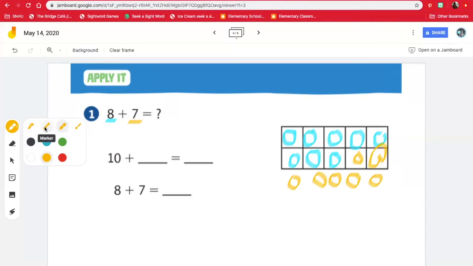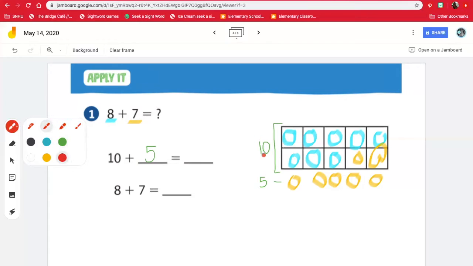Now we need to break it down. We have 10 in the 10 frame. And how many outside of the 10 frame? 1, 2, 3, 4, 5. So what we want to do is 10 plus 5 equals, I could do this by counting on.